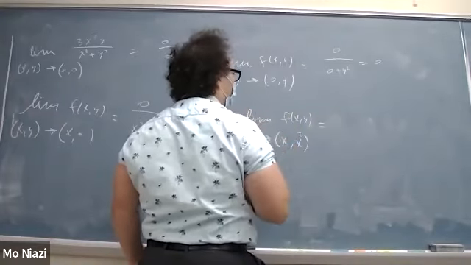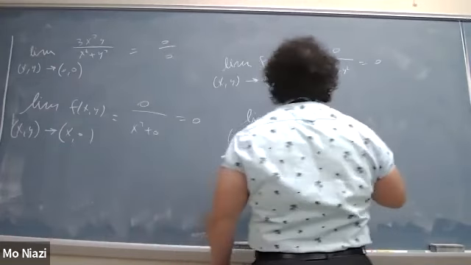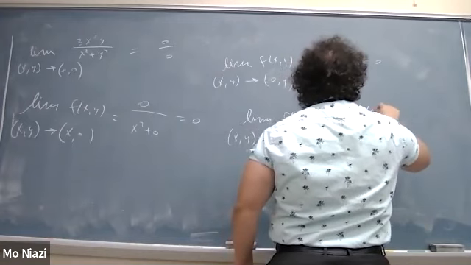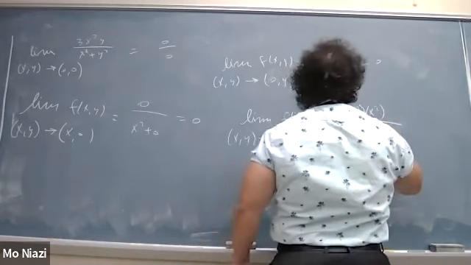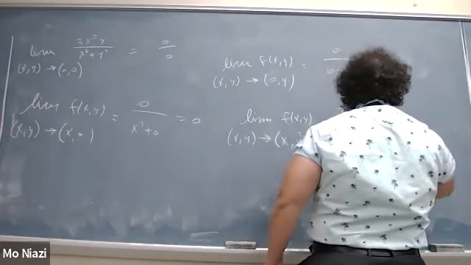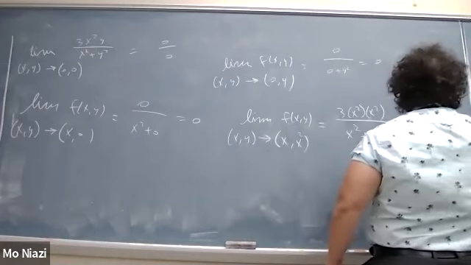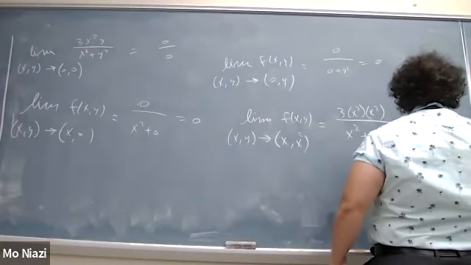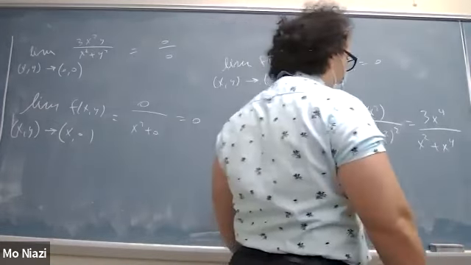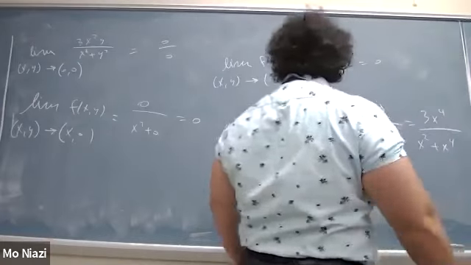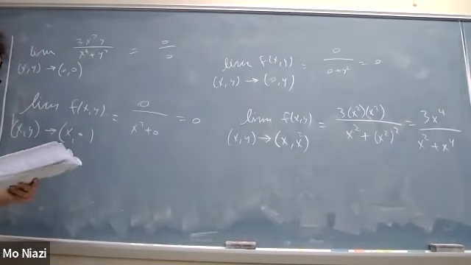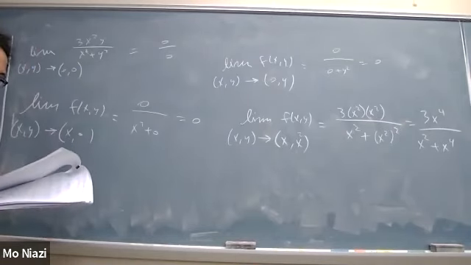Okay, so this is where the y's become x squareds. And again, notice that this won't reduce any further. So this is why we try to invoke the Squeeze Theorem.